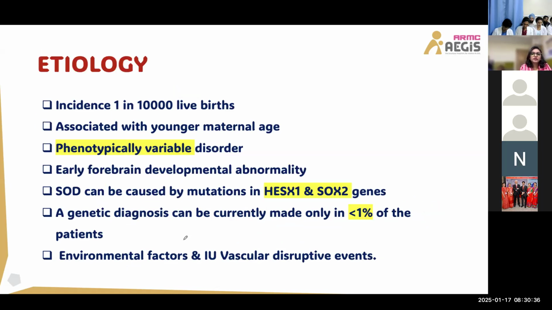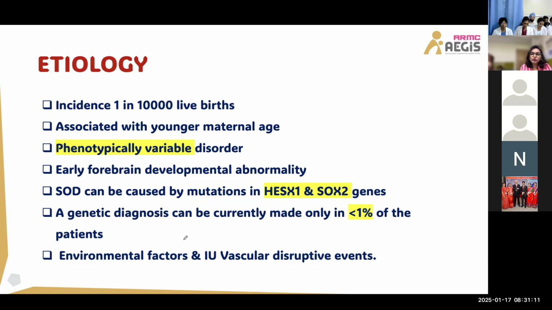So coming to the etiology part, as we all know, SOD occurs due to an early forebrain developmental abnormality, and it is a phenotypically variable disorder with an incidence of 1 in 10,000 live births. It is found in high association with young maternal age and maternal habits such as smoking, alcohol and substance abuse, valproate toxicity, and also certain environmental factors associated with low socioeconomic status and intrauterine vascular disruptive events, which all together play a major role in the causation of septo-optic dysplasia.